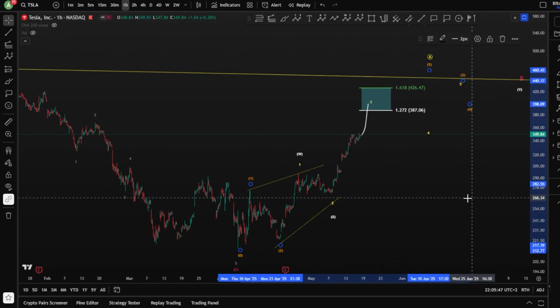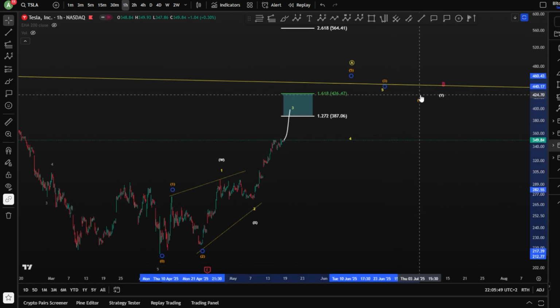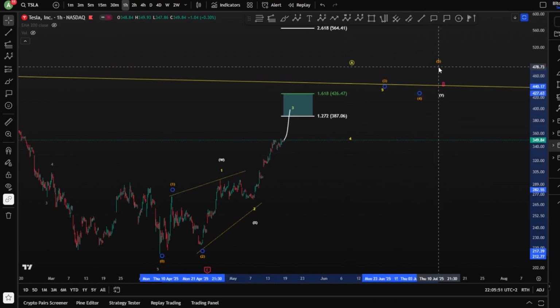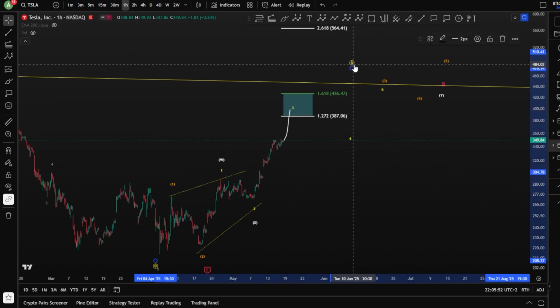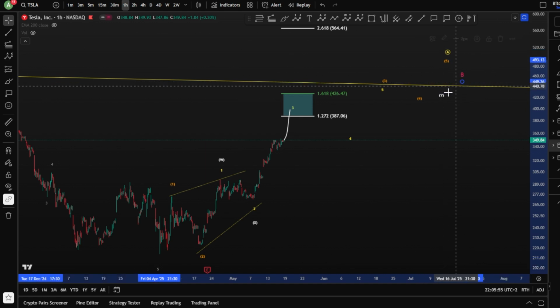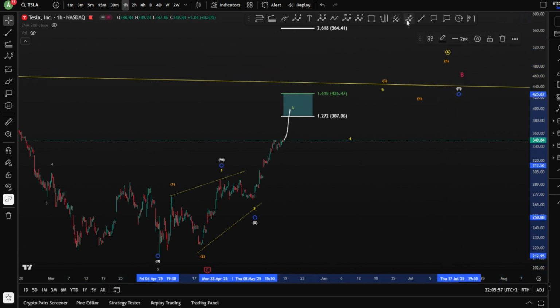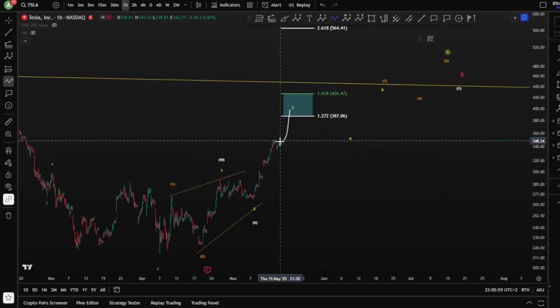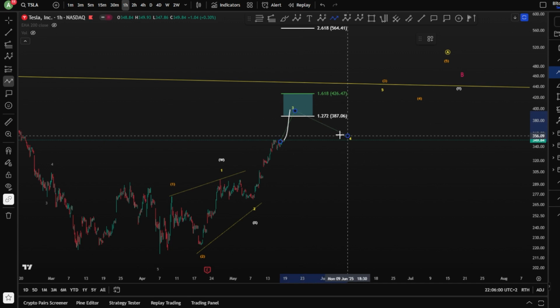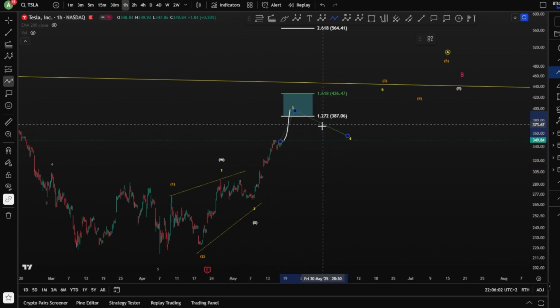The wave 2 here is sharp, also might be sideways here, and then 3, 4, and a 5 to finish a wave 3. So basically, I'm looking at this, guys. A sideways wave 4, or sorry, it should be a deeper wave 4 here, based on alternation.